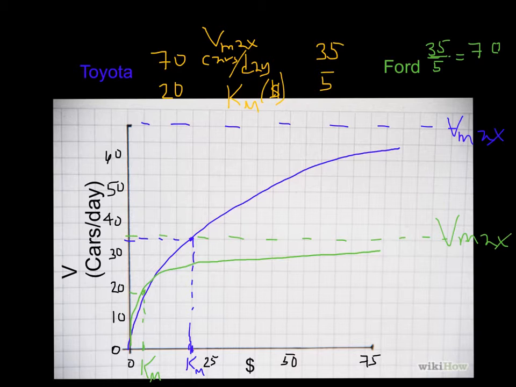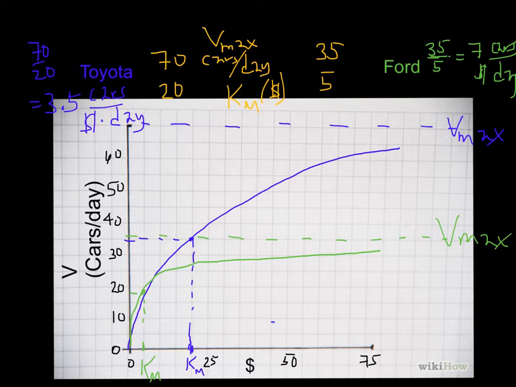So they can do 7 cars per dollar per day. Toyota, on the other hand, its Vmax over Km is 70 divided by 20, which is equal to 3.5. So they do 3.5 cars per dollar per day. So which of these two is more efficient? The one that's more catalytically efficient is Ford.